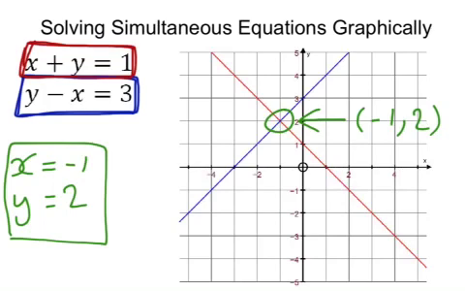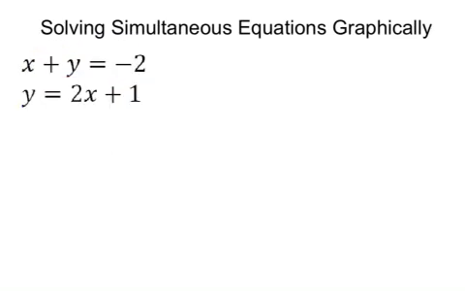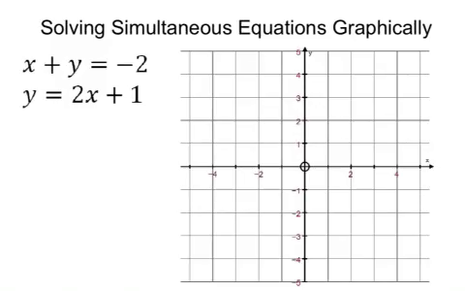So now we're going to look at a second example, which is very similar. x plus y equals minus 2 and y equals 2x plus 1. Again, we're going to need a graph, so let's get up our axes, and we're going to plot both equations.